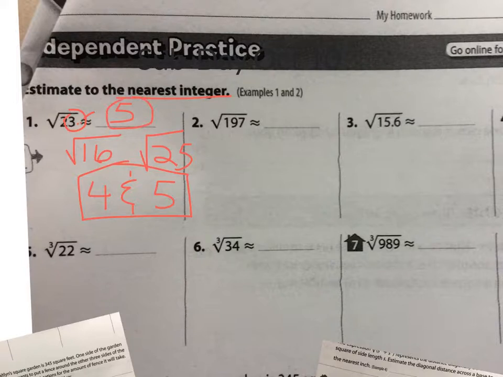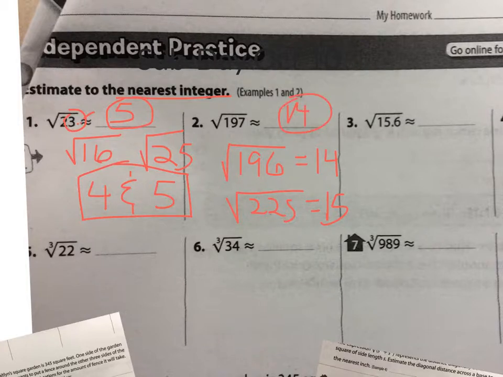Same thing on this next one. I remember the square root of 196, I believe, was 14, and then the square root of 225 was 15. So this is between 14 and 15, but a lot closer to 14.